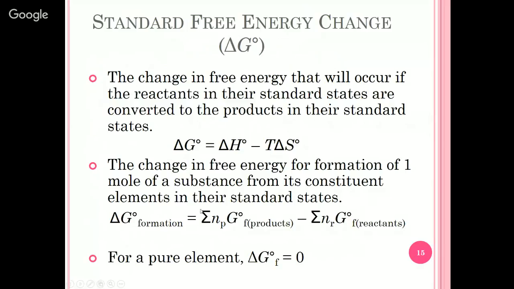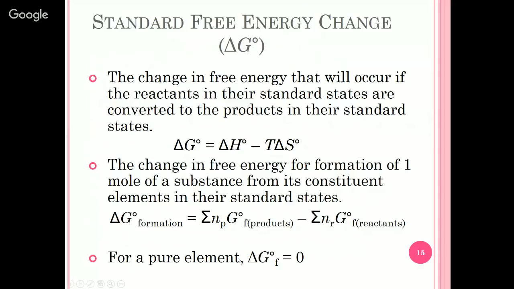We add those up. That's what this symbol here means. We need a total here, and we need a total here. And then we subtract. So whichever way you are given information to solve for delta G naught, they should give you the exact same answer. You can't have a different delta G naught for the same reaction at the same temperature.